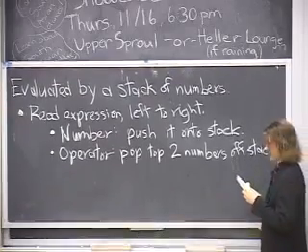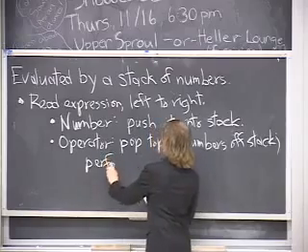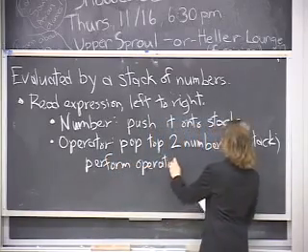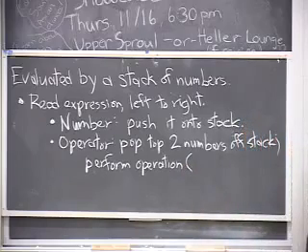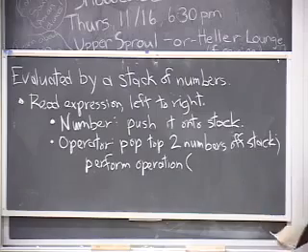And then perform the operation. And it's important to remember here that when you push two items onto a stack and then pop them off later, they come off the stack in the reverse order that you push them on. And therefore, your operands are now backwards.